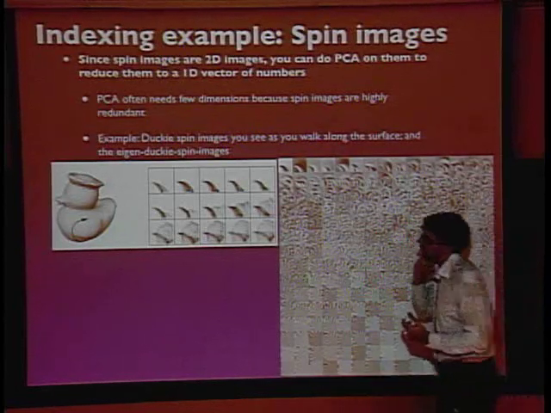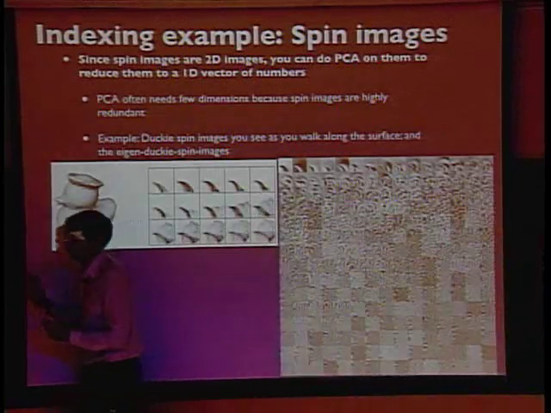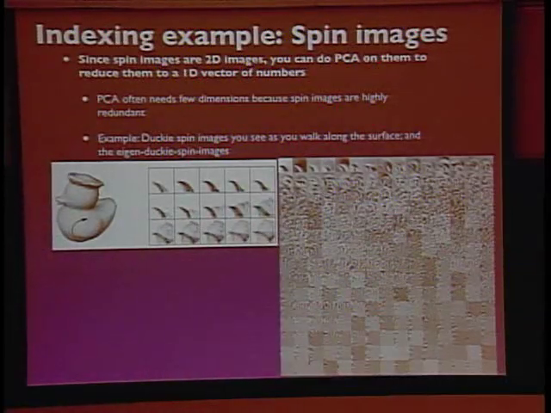And so if you do what you were worried about for homework assignment 1, which is determine how many of those eigenspin images you need to keep around, you can in fact reduce the dimensionality of your spin images by quite a lot, especially if you only have to keep around a few of those eigenspin image coefficients.